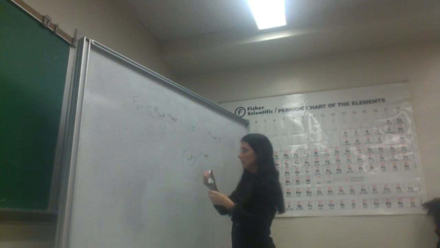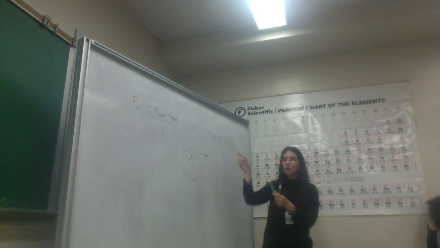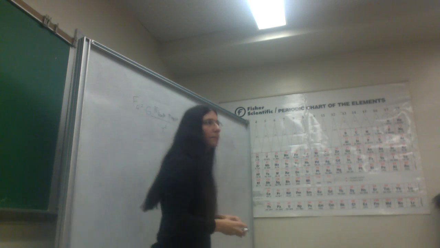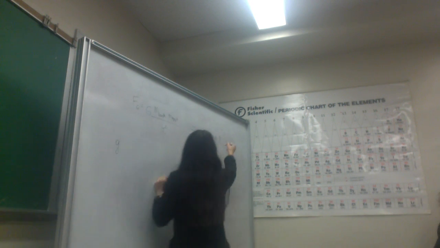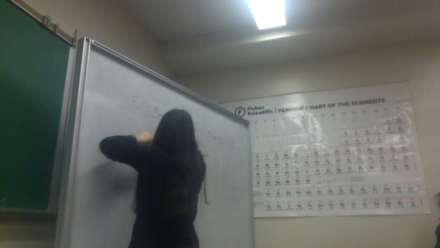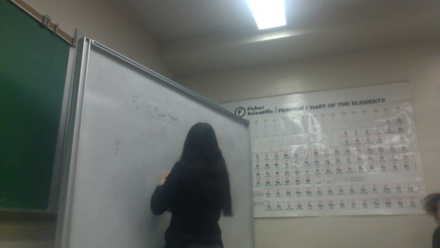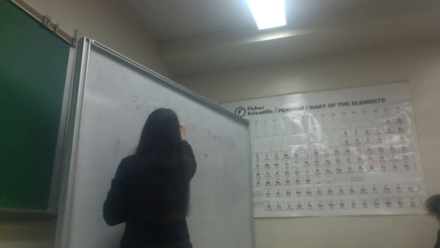If you compare these two equations, what do you conclude about little g? What is little g? Do you agree that if the weight is equal to that, the cause of the weight is Earth, little g is this.